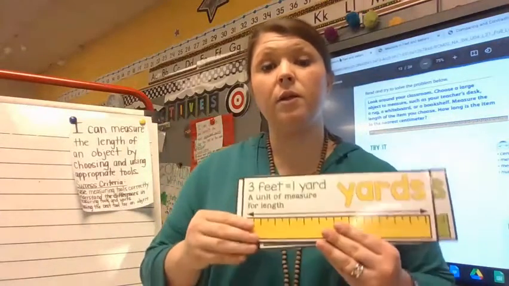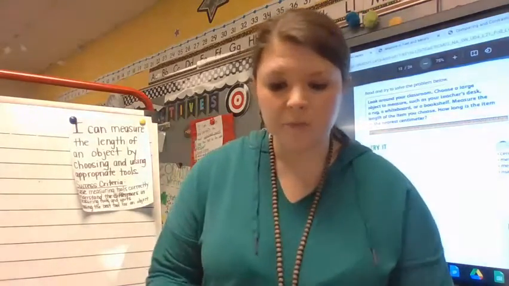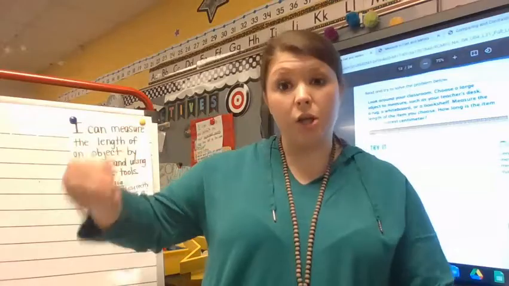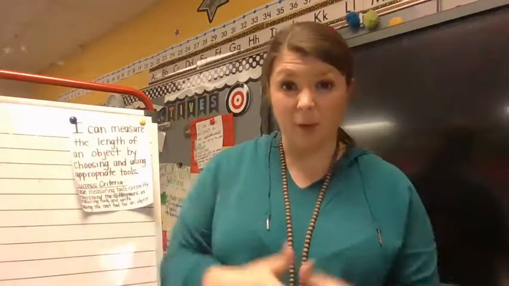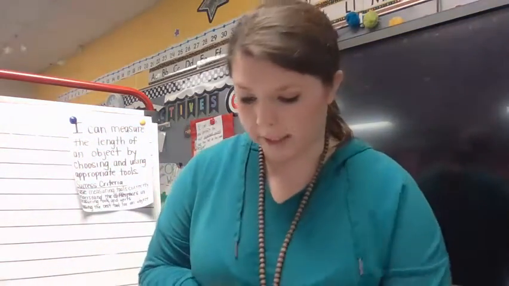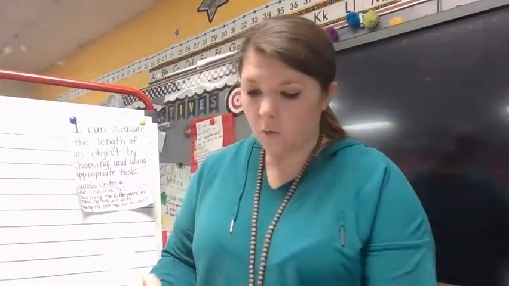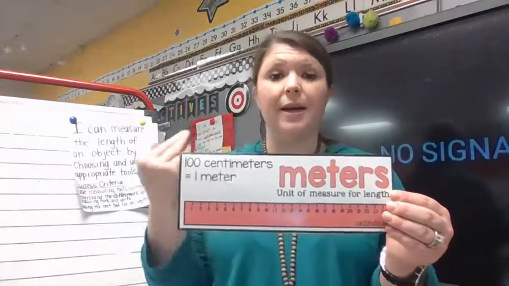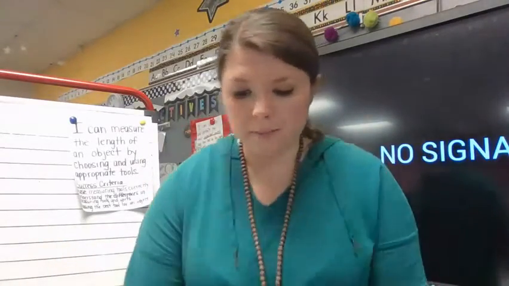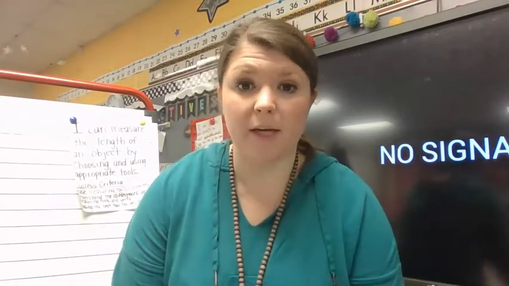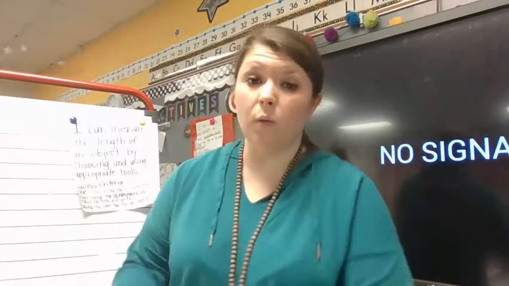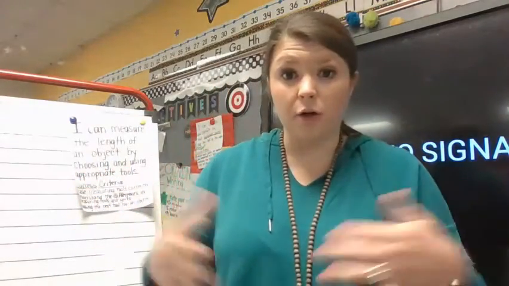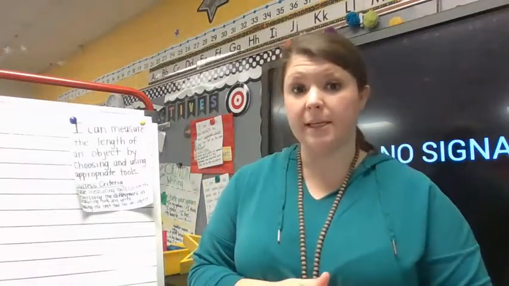Even though they're still measured in inches, those help us to know about the size of objects based on which measurement tool we need. Then we have meters. A meter is about 100 centimeters, okay? So we talked a little bit about these yesterday, how we would use or what tool we would use to measure larger objects, and we're going to continue with that idea today.